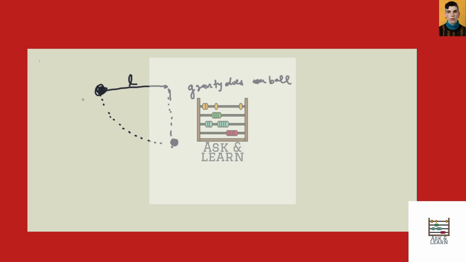So we'll have v1 at this location is 0, and the height y1 is equal to L, because this whole distance is actually equal to L. And at this location, we'll have y2 equal to 0, and we need to find the value of v2 at this location by the conservation of energy.